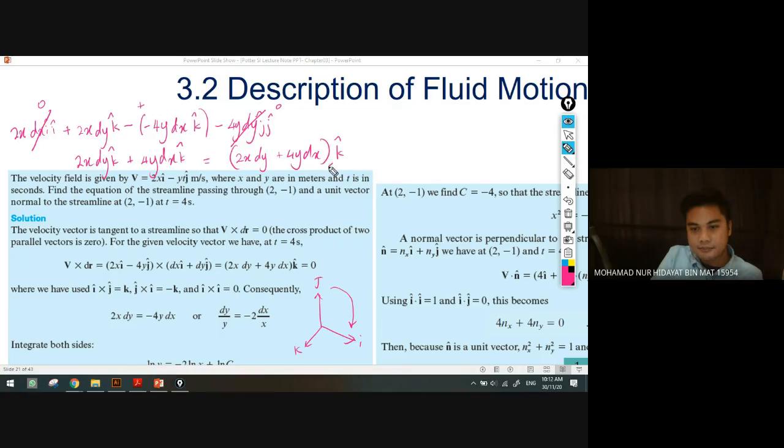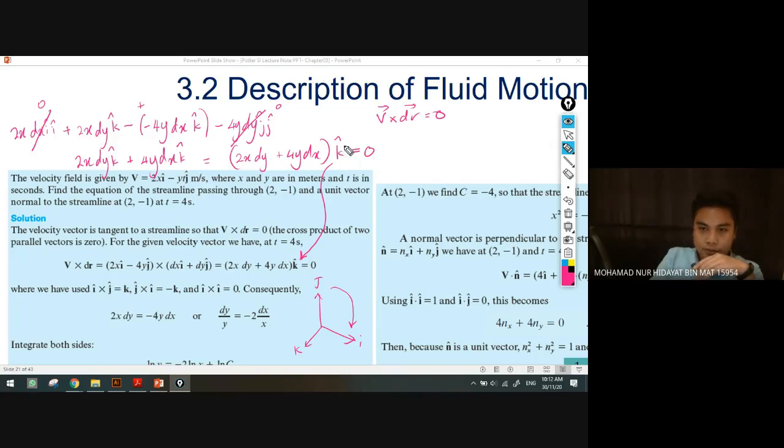Is it the same? 2x dy plus 4y dx k. And then remember, equal to 0 because v multiply with dr in the same vector direction, parallel, equal to 0. That's why the whole term equals 0.